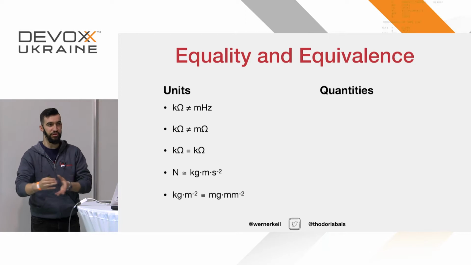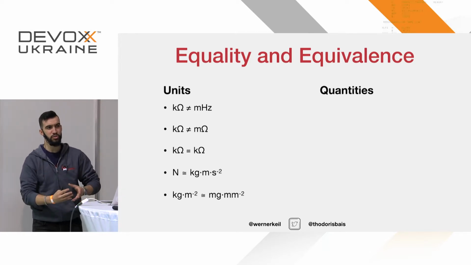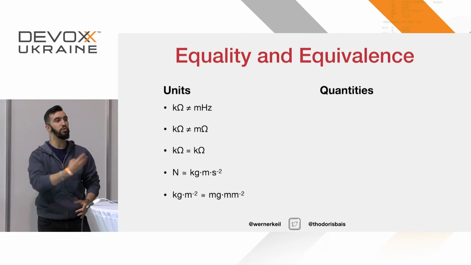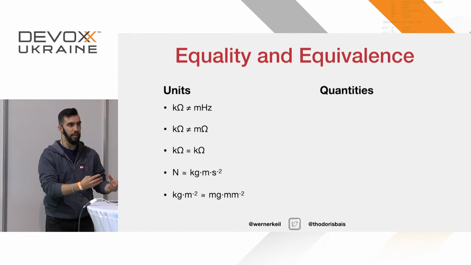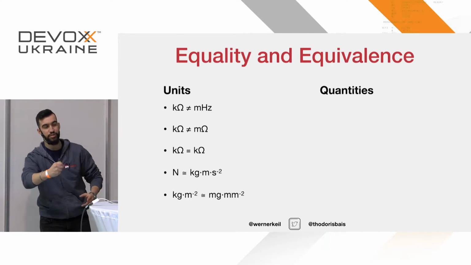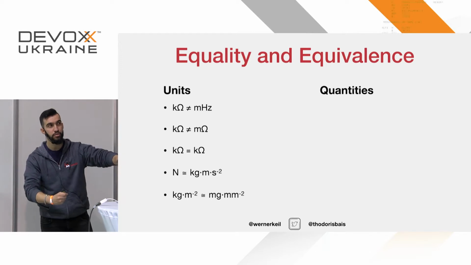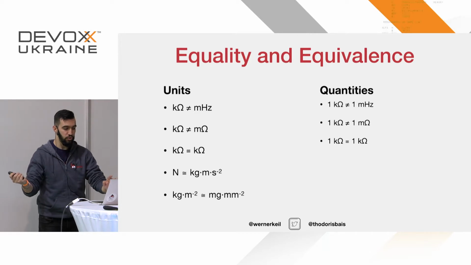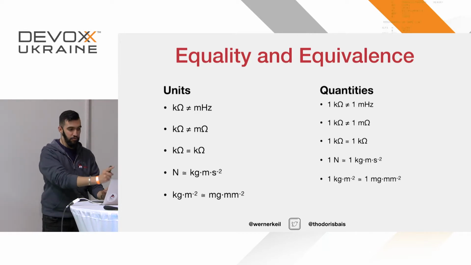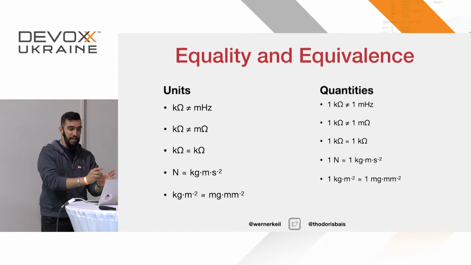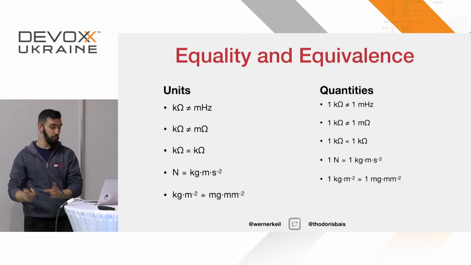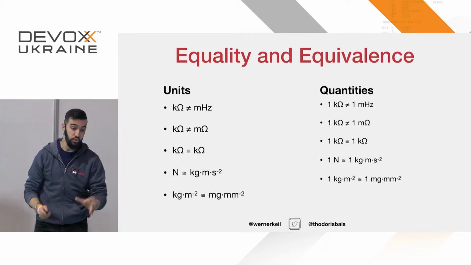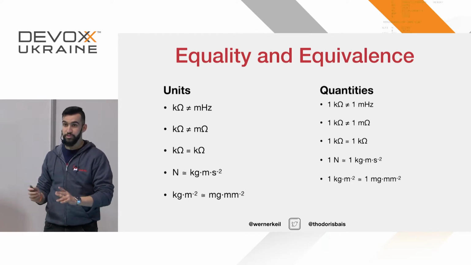So I'm just wondering right now, should we better use functions to normalize expressions into what could be considered closer to the base unit? Think about it, a function to normalize an expression which is considered closer to the base unit. Let me walk you very quickly through the quantities because I also want to show the corresponding example for kilogram per square meter. The same applies to quantities, which means that 1 kilogram per square meter is equivalent to 1 milligram per square millimeter.